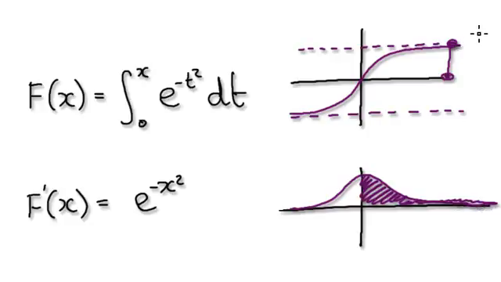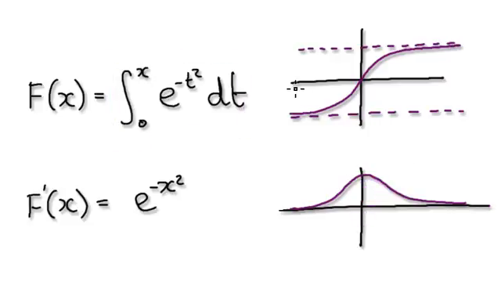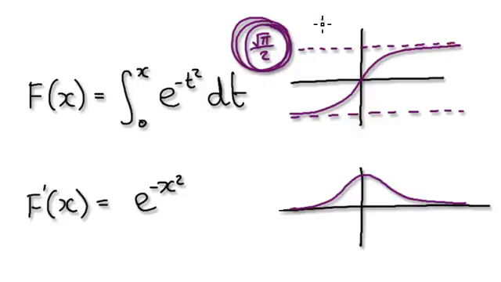And this negative height here is really the area from 0 to minus infinity. Okay, and this limit here happens to be root pi over 2. It's not so obvious, but it is that, and it's quite strange how pi managed to creep itself in here. But we will look at this another time.